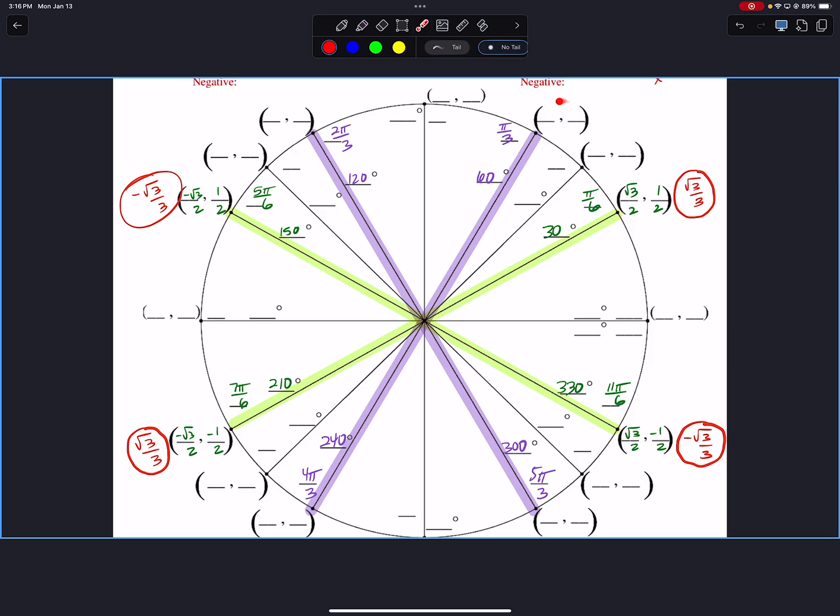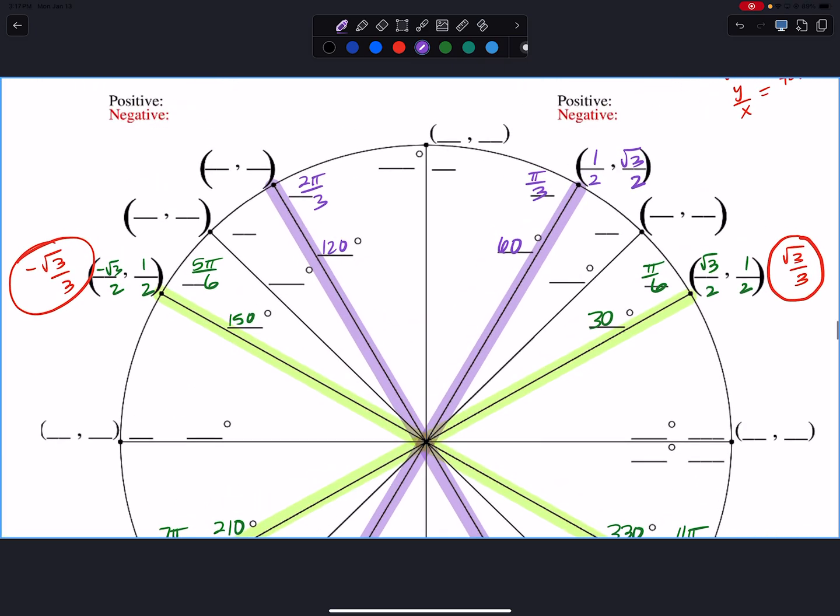Here, everything is positive. Look at our triangle. What was the cosine of 60 degrees? 1/2. And this was root 3 over 2. What was the tangent of 60 degrees? Square root of 3.